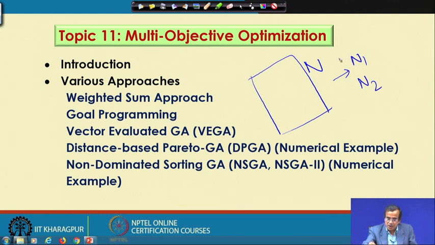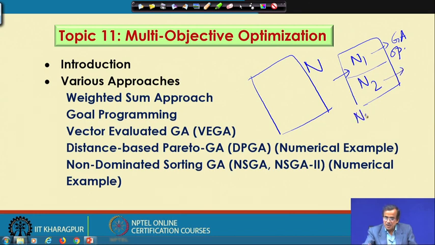On the subpopulation n 1, the GA operators are going to work, and n 2 is nothing but a subpopulation of non-dominated solutions. Non-dominated solution is actually a better solution.